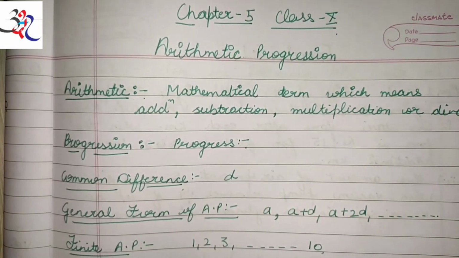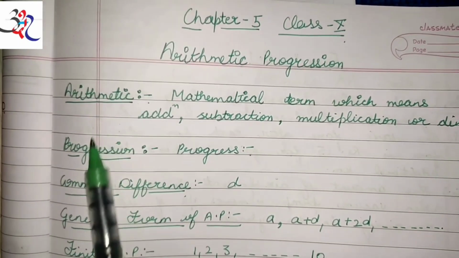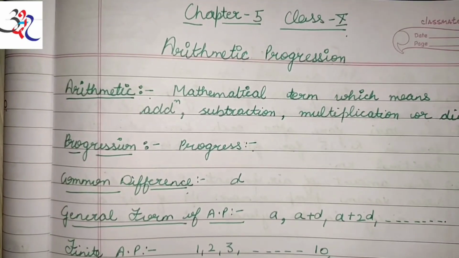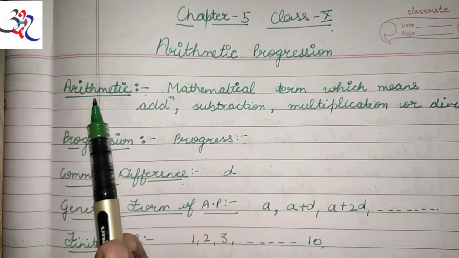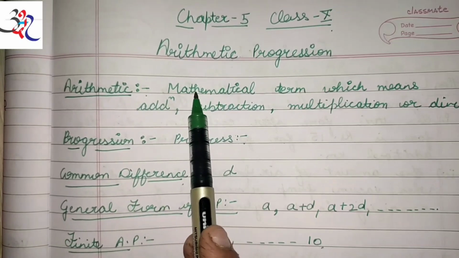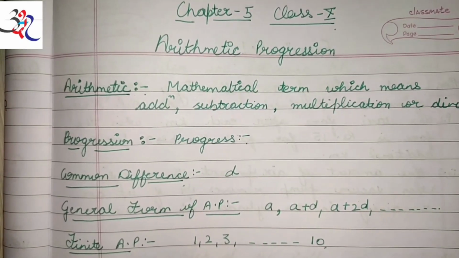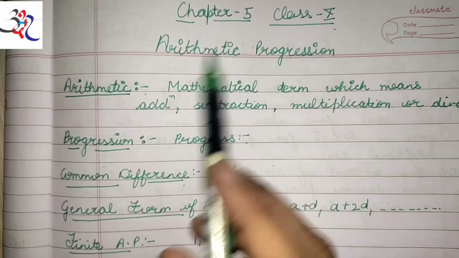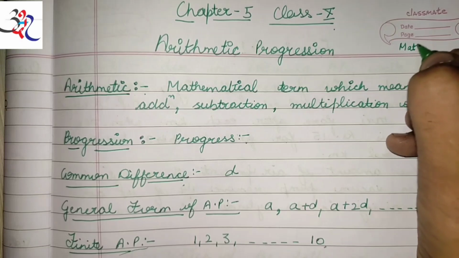So let's first understand the meaning of both the terms. What does it mean by arithmetic and what does it mean by progression, right? Arithmetic is basically a part of the mathematical term. It is a mathematical term because there are different types of mathematics also, for the classification of mathematics.